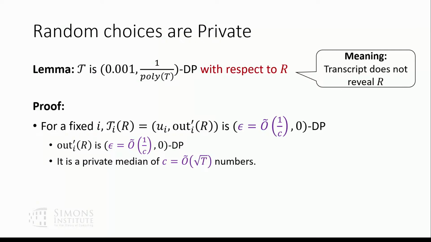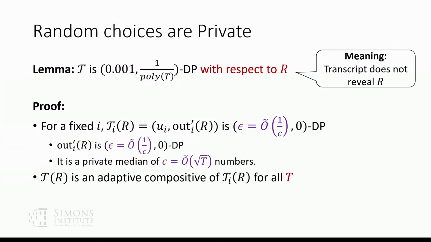And then the transcript at time i is just a post-processing of this thing. It's just a function depending on out_i prime of R. So the transcript at time i is something like 1/C private, so 1/√T private.